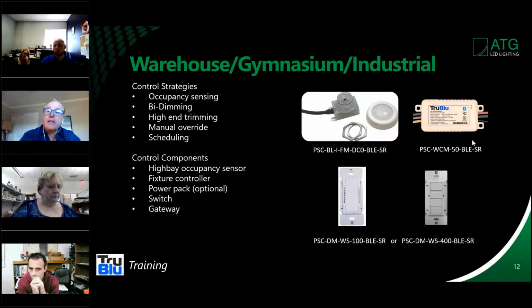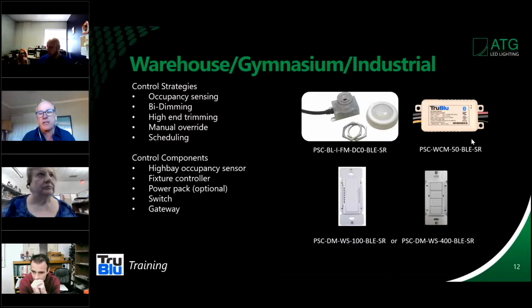Now, you see the controller here. You don't use a sensor and a controller at the same time. They're mutually independent. But what's cool about this is that they do communicate. And there's a significant cost difference between the sensor itself and the controller.